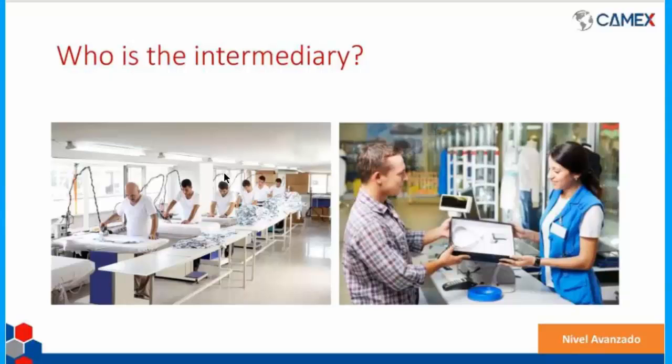Intermediary are all the people, institutions, and companies who are between the final consumer, which is this young man, and the primary supplier or producer, okay? So in this case, the intermediary could be the store or could be the broker who presented the supplier with the store, okay?